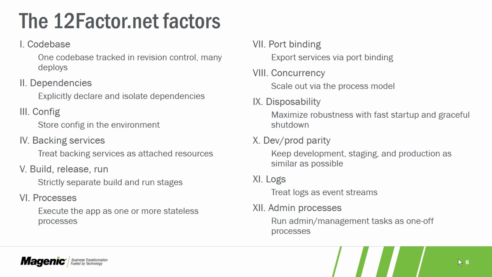Now the 12-factor.net factors. We're going to compare and contrast the maturity in each one of these 12 factors to the 4 levels of maturity of your cloud base in the next slide. But it's worth visiting these and commenting in particular on some of these that are in the key path. Not for nothing, but if you don't have source control or code base, you're in a lot of trouble just to start with.